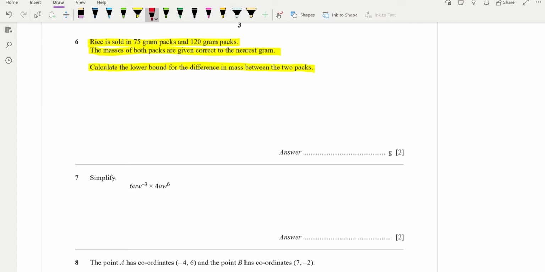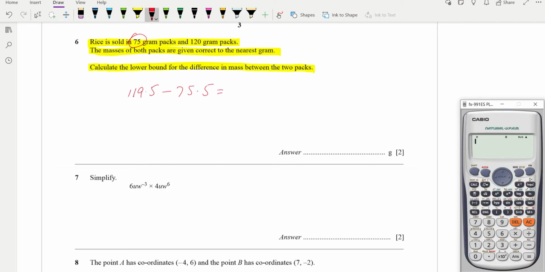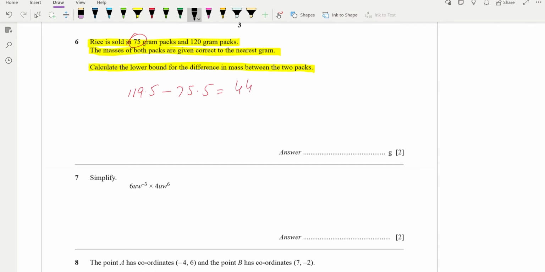So we will take the lower bound of 120, that will be 119.5, and the upper bound for 75, so minus, because we need the lower bound, we need the minimum difference. So 119.5 minus 75.5 is equal to 44, so our answer will be 44 grams.